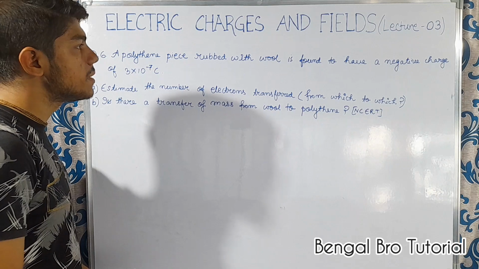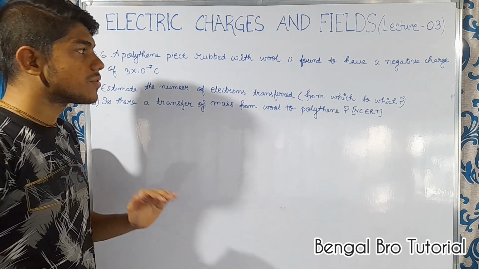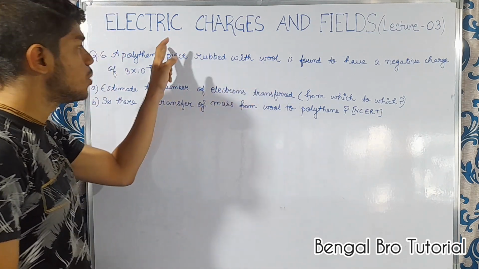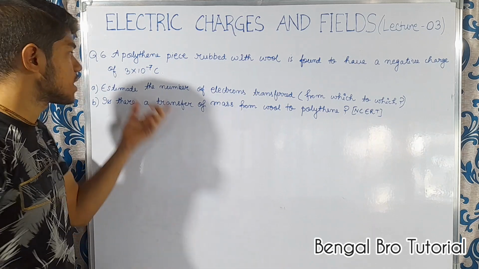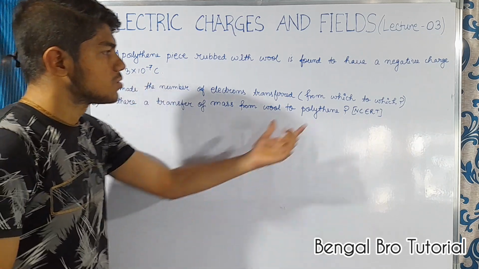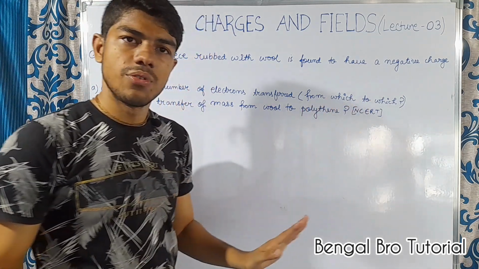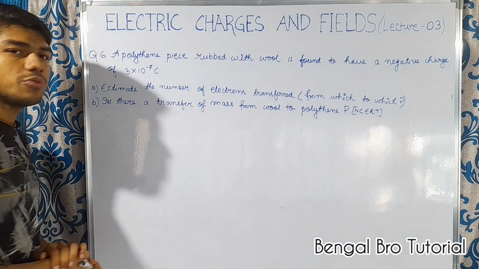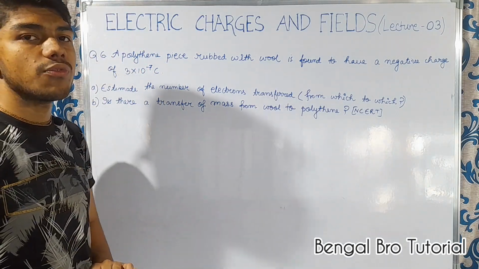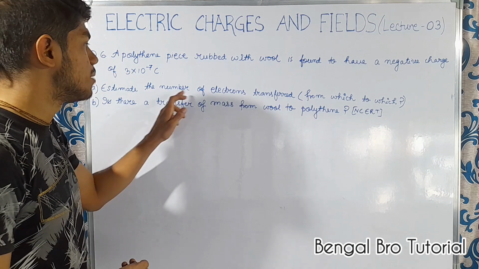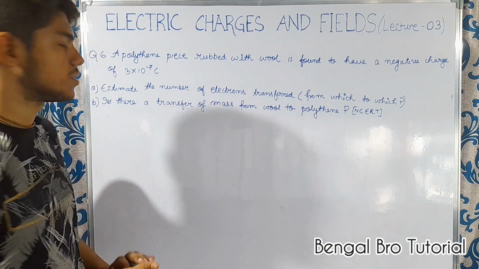So it means that electrons have been transferred from wool to polythene piece, and that is why it has acquired a negative charge. So this much everyone understood. Now we have to calculate, using the property of quantization of charge, the number of electrons that have been transferred.